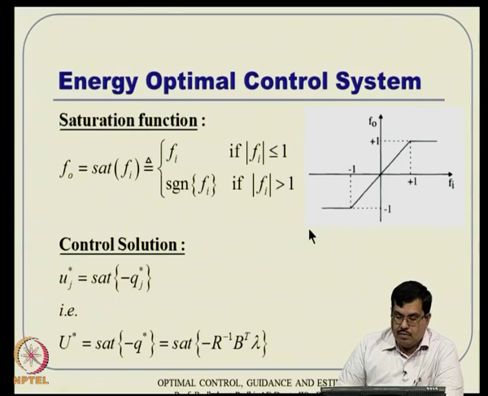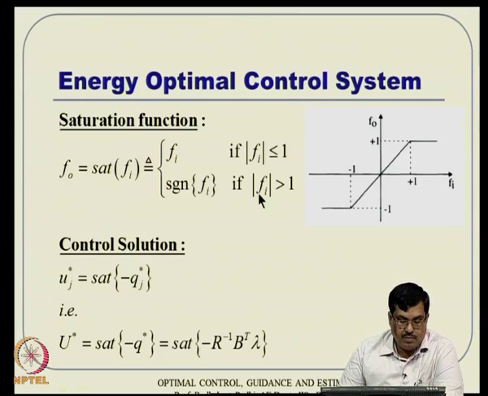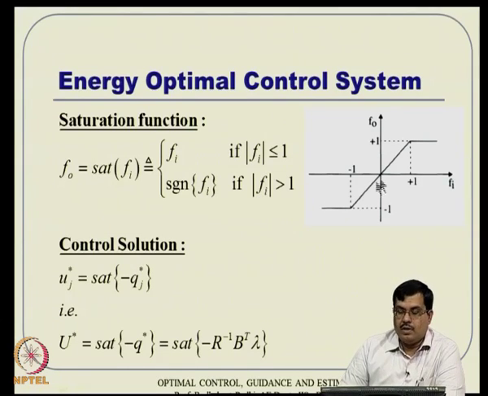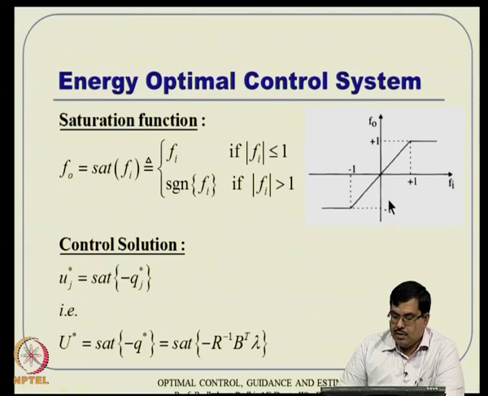Anyway, to write it in a compact form, we can take help of the saturation function, which is defined like this, input versus output. If the magnitude is constrained within plus or minus 1, then the output is simply the same as the input.